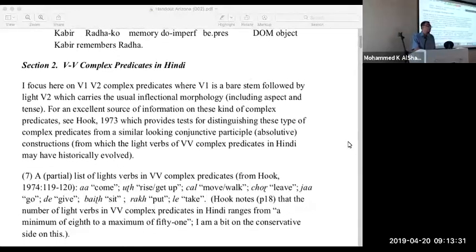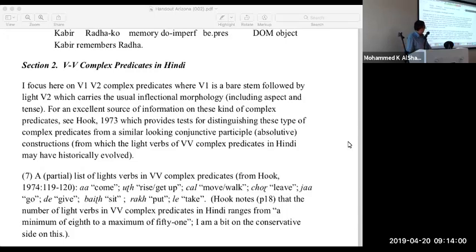If you look at a corpus, there are lots of instances of these constructions. So they're completely productive and commonly used. They have been extensively studied in Hindi linguistics. I'm talking about the VV ones as opposed to the NV ones, for which I mentioned that there's a single author who's written a lot on a single verb.